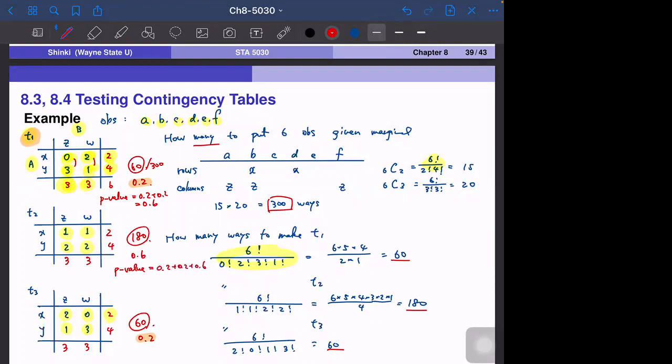So no table is less extreme than this. So the p-value is 1. So often with Fisher's exact test, we get a p-value of 1. And the last one is the same as the first one, so the p-value is 0.4. So we do not reject the null hypothesis of independence for A and B. So this is how Fisher's exact test works.